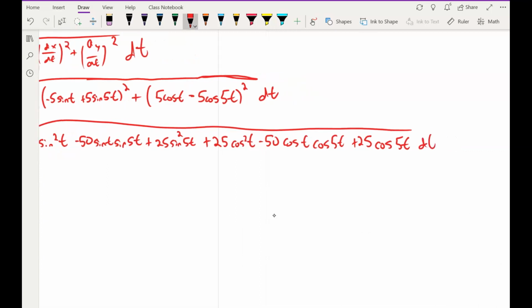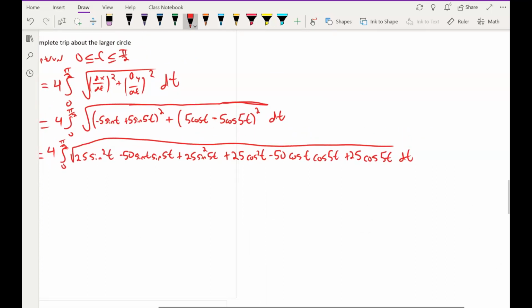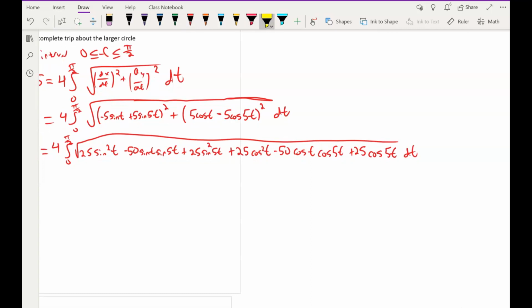All right, dt. Simplify some things here. Okay, now we know that sine squared plus cosine squared equals 1. So if I have 25 sine squared plus 25 cosine squared, that should be 25 of those, so it should be 25. So this plus this is going to give me 25.